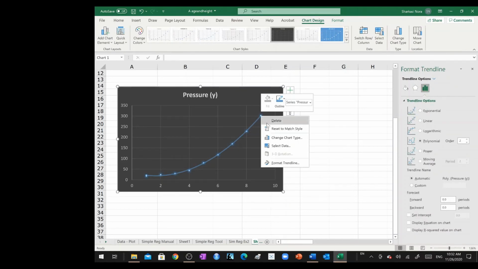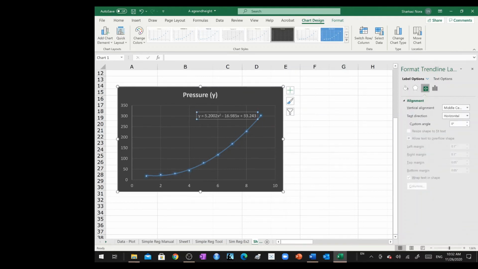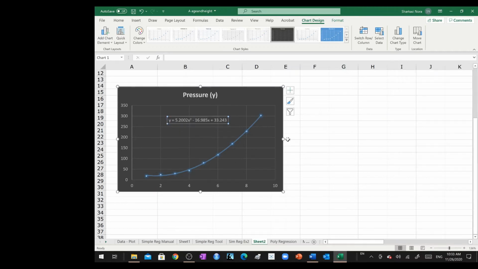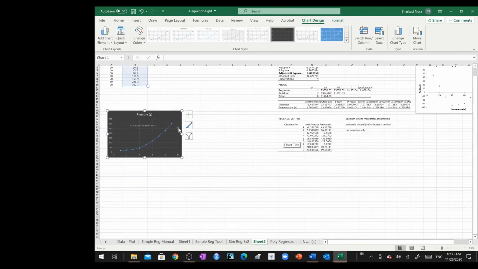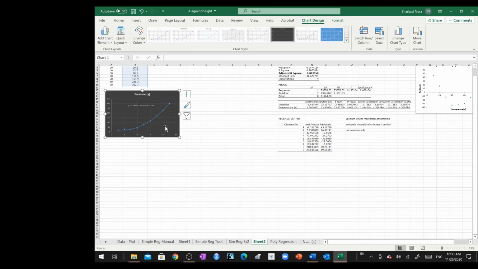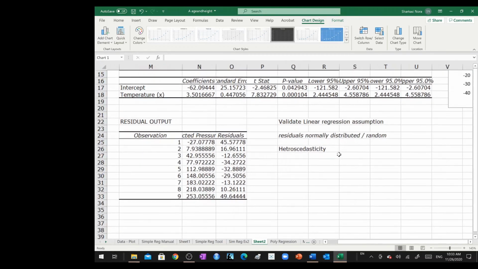I'm going to delete this and I'm going to stick to the polynomial or quadratic and display the equation here. Wait a little bit about the equation, I'm going to comment on it in a bit. We can see that if you draw just the slopes here, which are little tangents on each point, you will see that the delta y over delta x is not constant like in the linear regression. So this is another assumption that we need to test for.